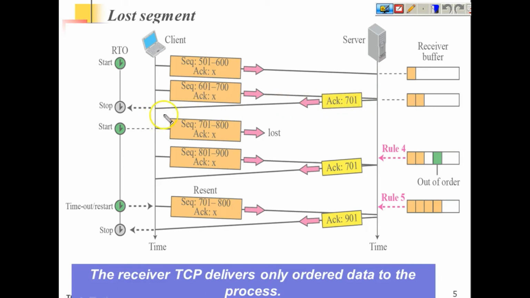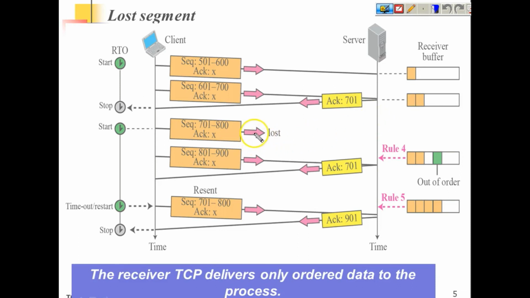Now it goes here, then let's say one more packet is delivered. Actually 2 packets are delivered from the client side. One is sequence number 701 to 800 and the other 801 to 900, but the first packet got lost. Now here the server says acknowledgement number 701, meaning it is expecting byte number 701.